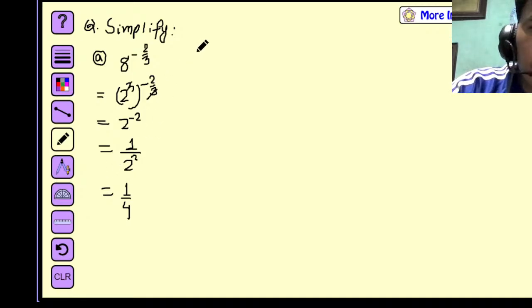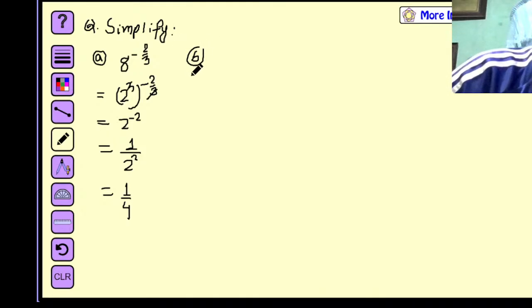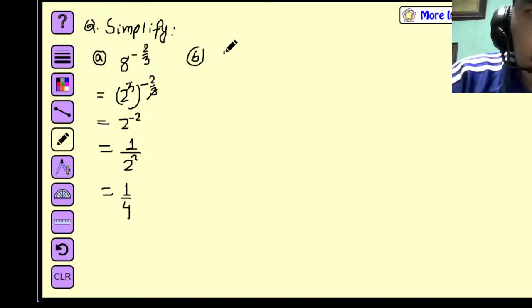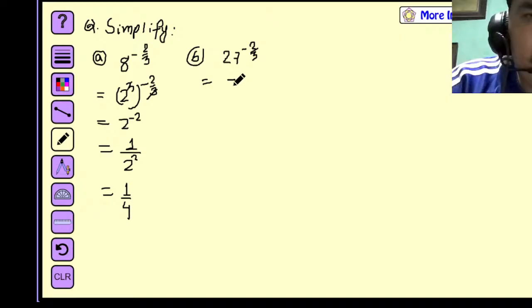Right? And look here, I want to solve a similar type of question also. Suppose a question like this is given: 27 to the power minus 2 by 3. Then what will you do in this case? Look children, 27 means 3 cube, and write its whole power, minus 2 by 3.